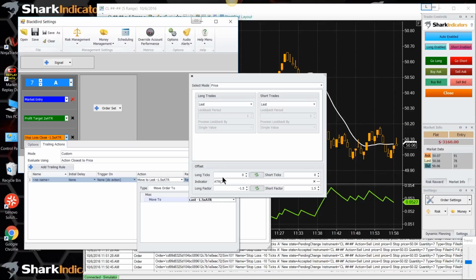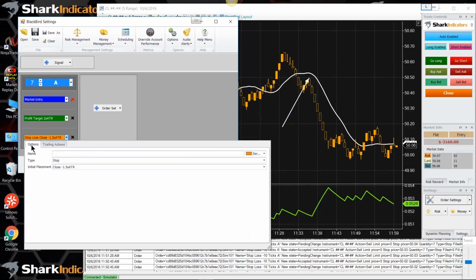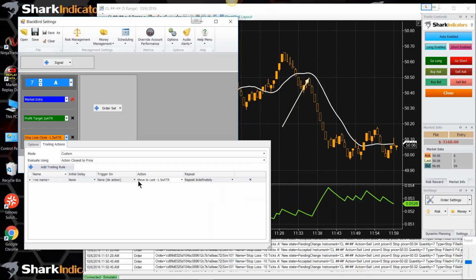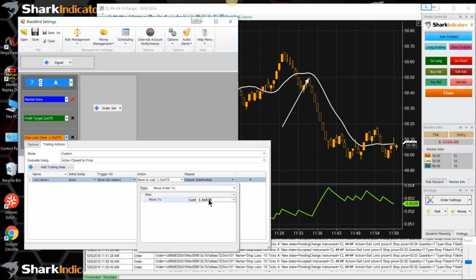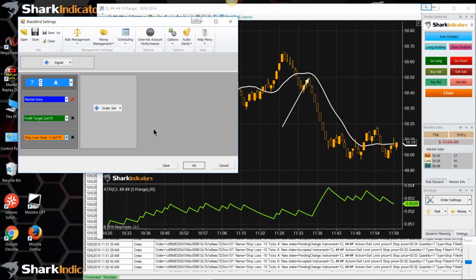All right, so you'll want your ATR period in your trailing rule to match the same ATR period in your initial placement. Right, so you're using the ATR in 2 places. Your indicator gets used in the initial placement, but also your indicator gets used in the actions here as well. So 2 places to look for your indicator values.